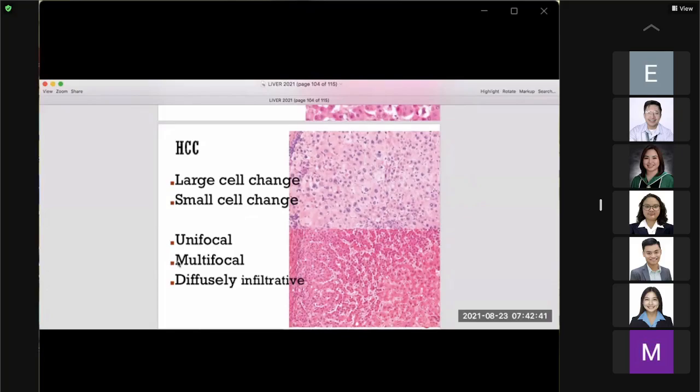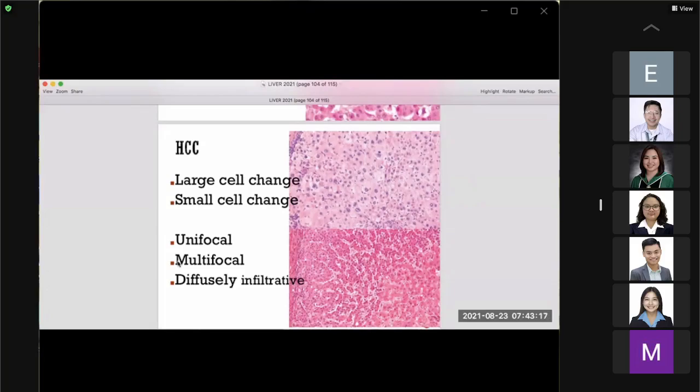So in the liver, remember that if we see a lot of nodular structures and they are found out to have malignancy microscopically, we have to differentiate it from metastatic liver malignancy coming from other organs in the body, because the usual thing is if you see multiple lesions, most of the time it is a metastatic malignancy.